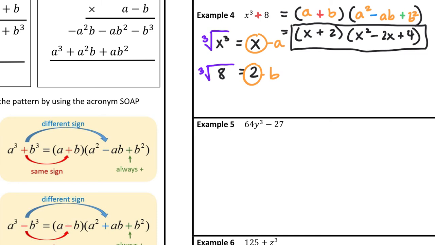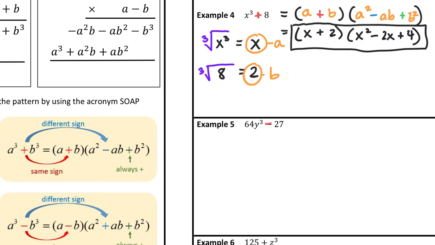So let's try it again, but this time we're going to do the minus version. So now we have a minus here. And so I can ask the same question again.